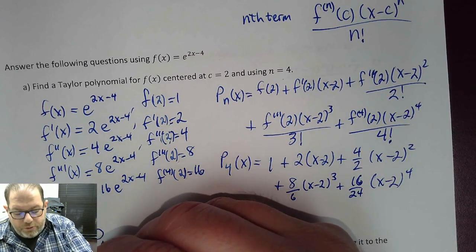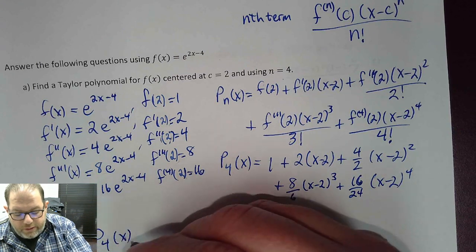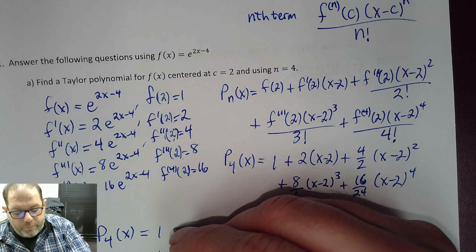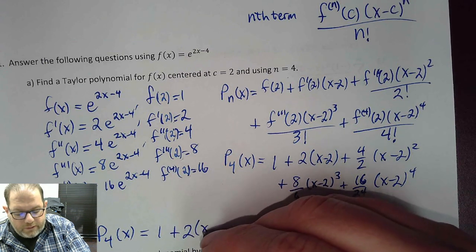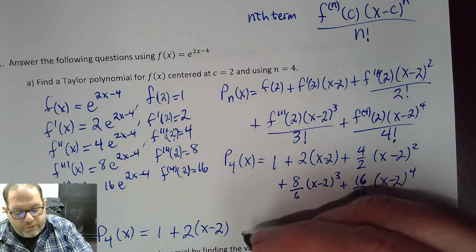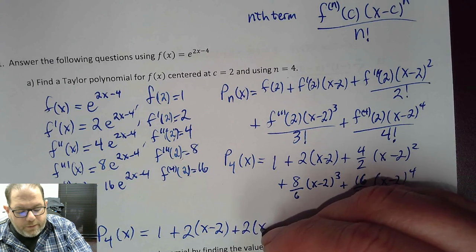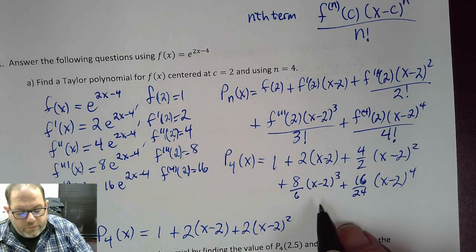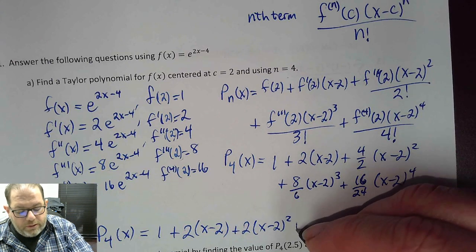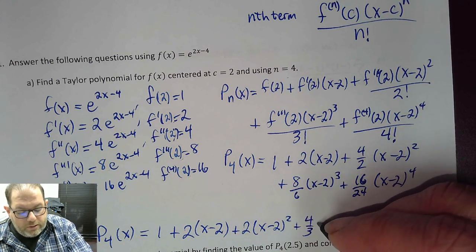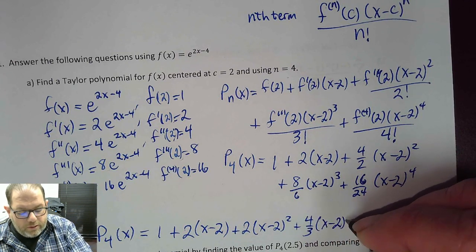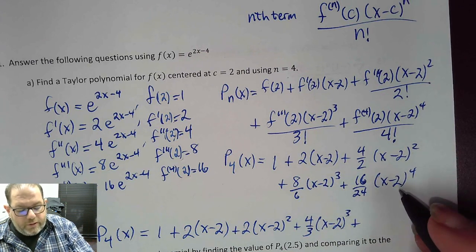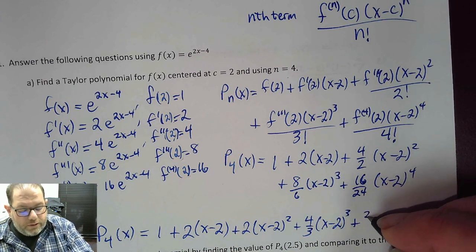So putting it all together right here, we're going to get 1 plus 2 times x minus 2 plus 2 times x minus 2 squared plus 4/3 times x minus 2 cubed and 2/3 times x minus 2 to the fourth.